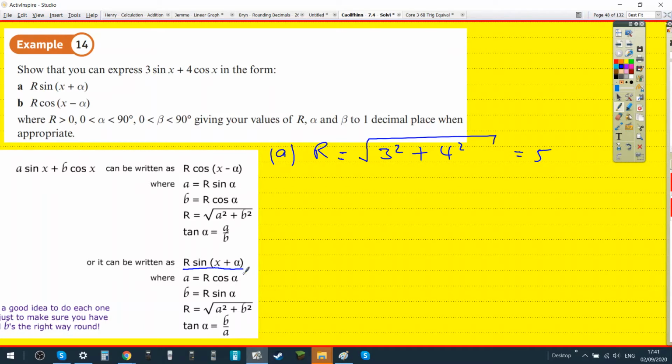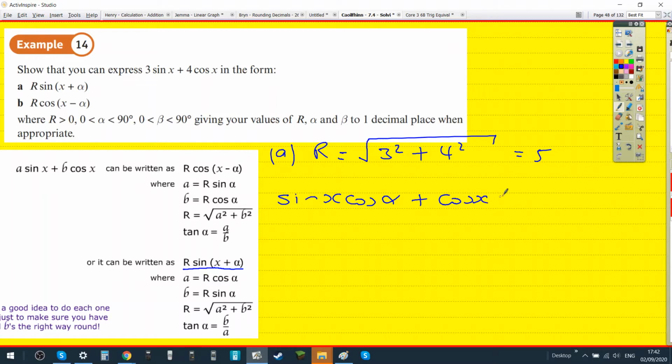And then if we did sine A plus B, we would get sine x cos alpha plus cos x sine alpha.